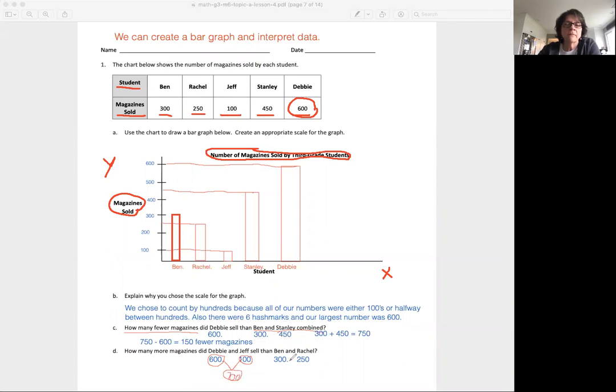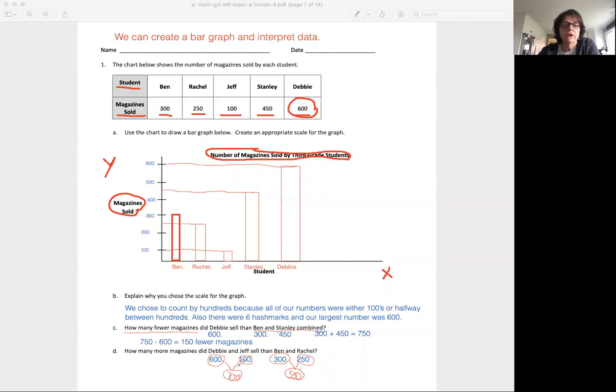And then I'm going to do the same thing over here. I have to combine Ben and Rachel. So another part whole number bond. And again, I think I can do these mentally. 300 plus 250 gives me 550. Now I've done a lot of work here. I've done two addition problems, but now I have to figure out how many more magazines Debbie and Jeff sold than Ben and Rachel.